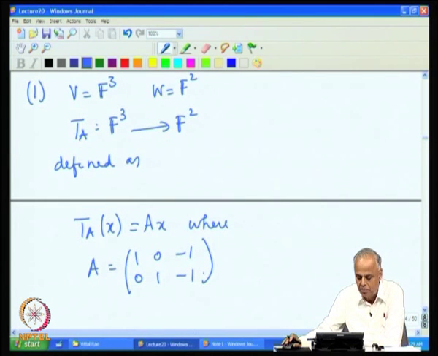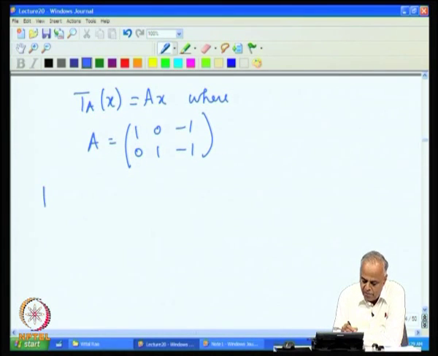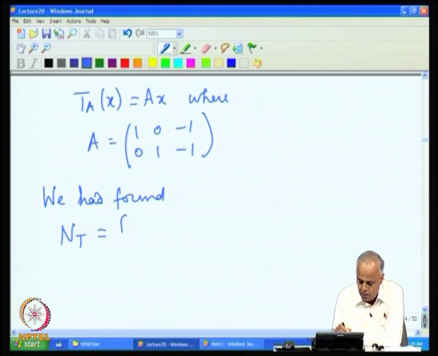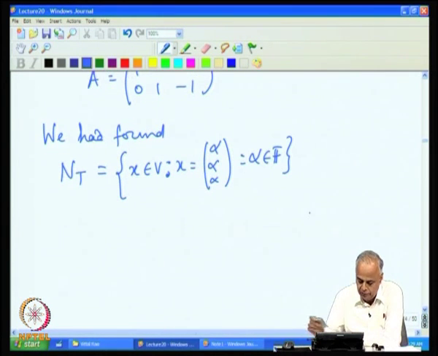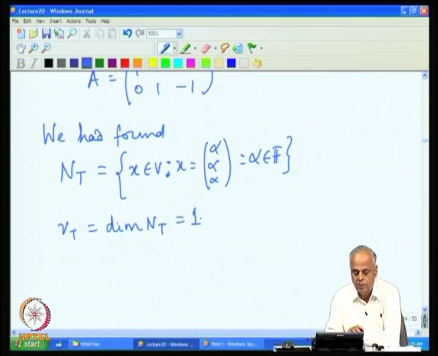We had seen this example in the last lecture, and we had found the null space of T to be the set of all vectors x in V such that x is of the form (alpha, alpha, alpha), alpha belongs to F. And we found that nu T, which is the dimension of the null space, is 1, because the space is spanned by one single vector, namely (1, 1, 1).